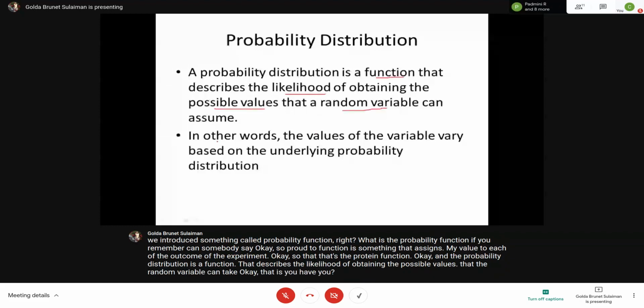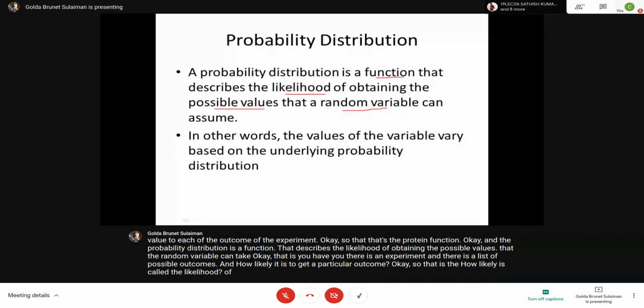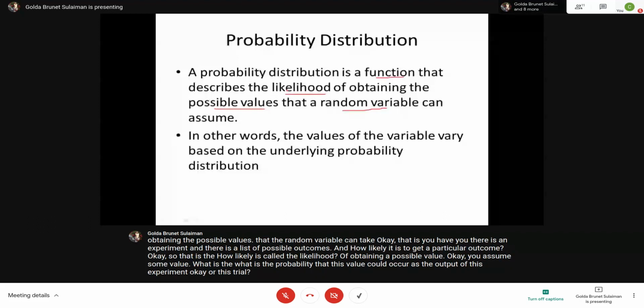That is, there is an experiment and there is a list of possible outcomes and how likely it is to get a particular outcome. That how likely is called the likelihood of obtaining a possible value. You assume some value. What is the probability that this value could occur as the output of this experiment, or this trial? That is what is being described by the probability distribution.